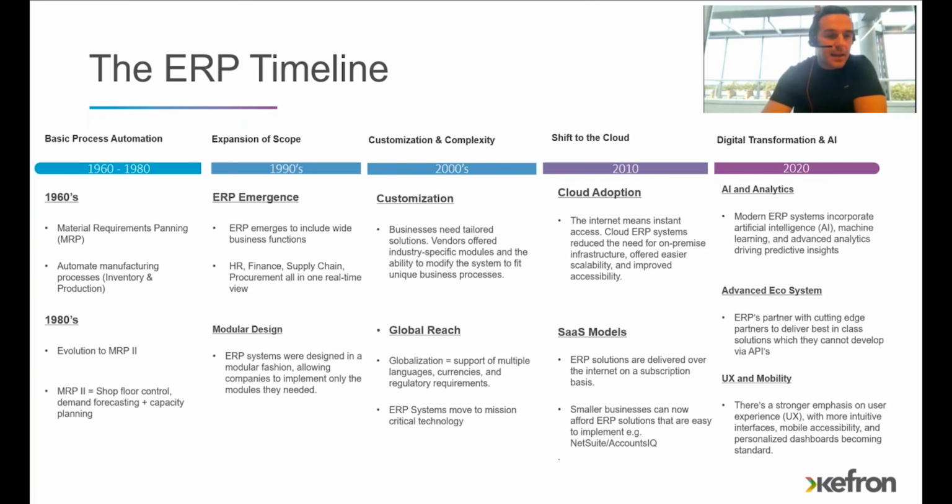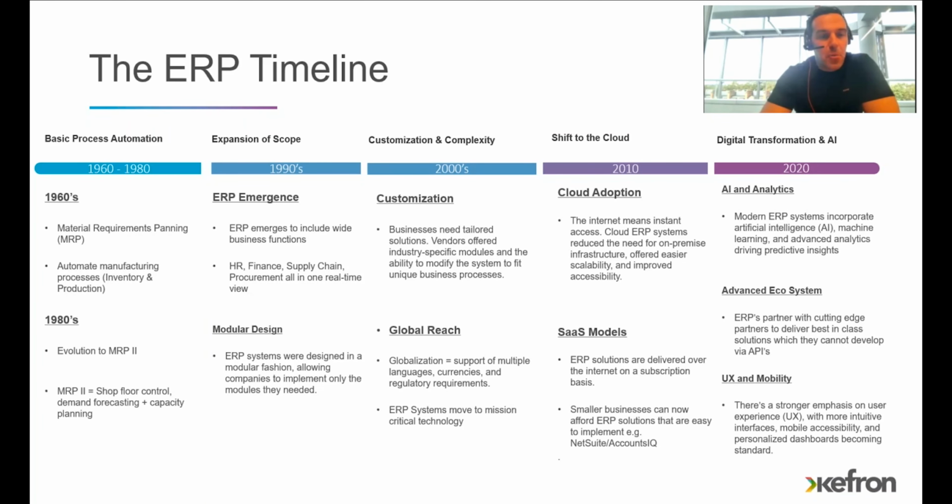In the 1980s, there was an evolution to MRP Phase 2, which focused on shop floor control, demand forecasting, and then capacity planning in manufacturing plants. So between 1960 and 1980, it was really focused on basic process automation, very much in the manufacturing space.